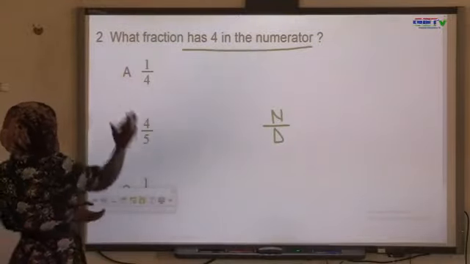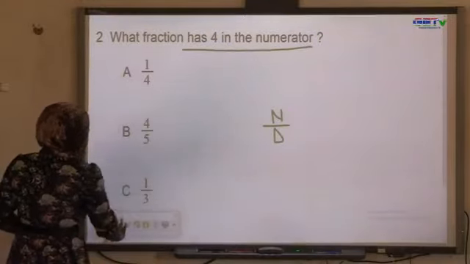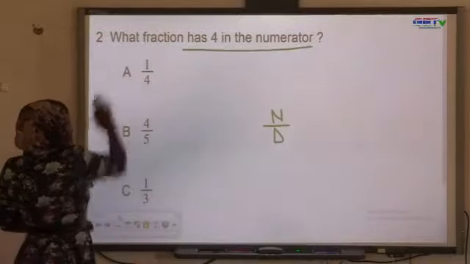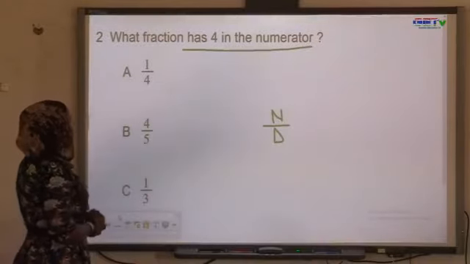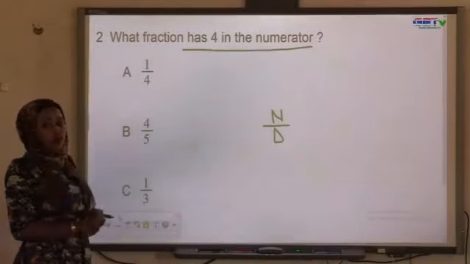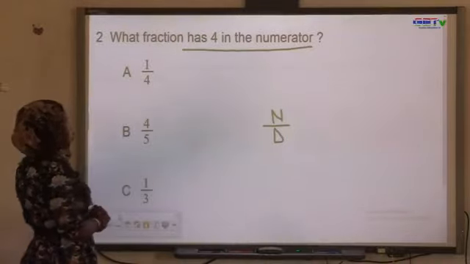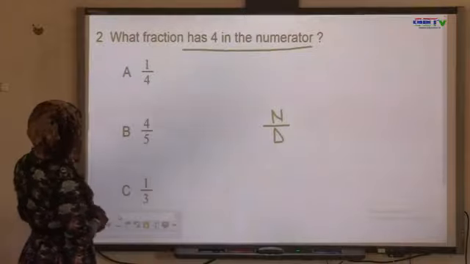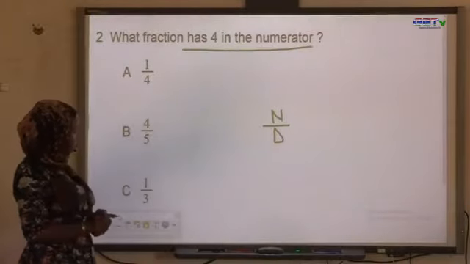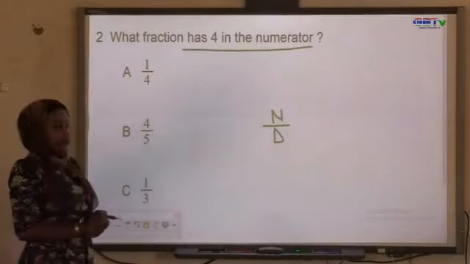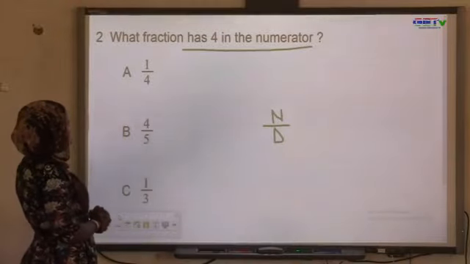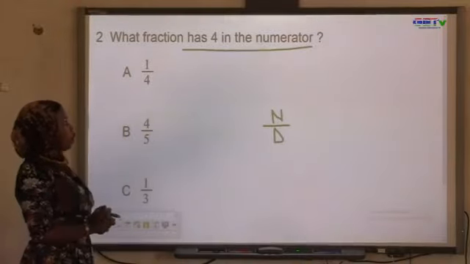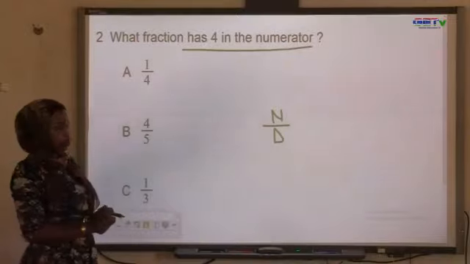Now let's look at the options. Option A reads 1 over 4. Option B, 4 over 5. And option C, 1 over 3. So what fraction has 4 in the numerator?